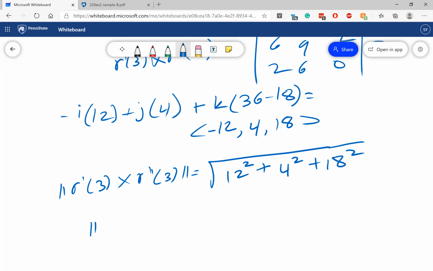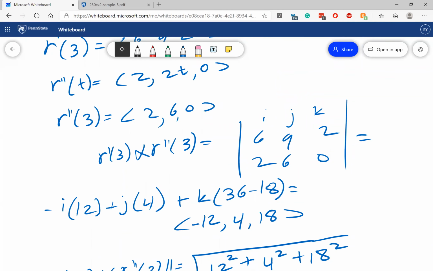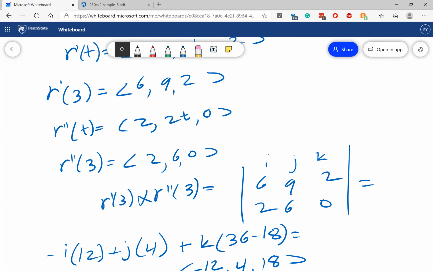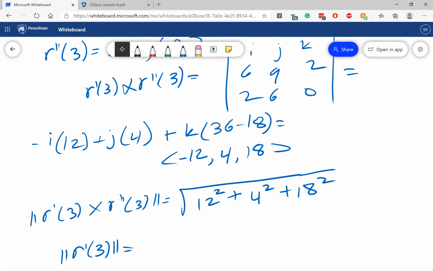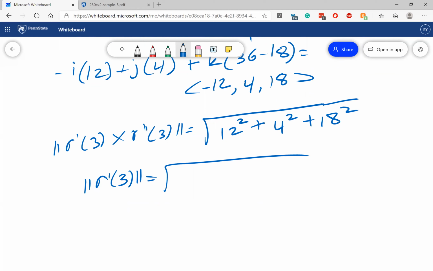Okay. So now the magnitude of r prime 3 is going to be equal to the square root of 6 squared plus 9 squared plus 2 squared.